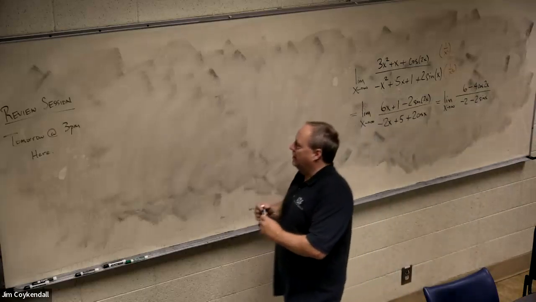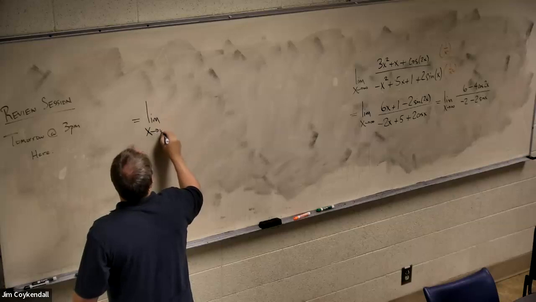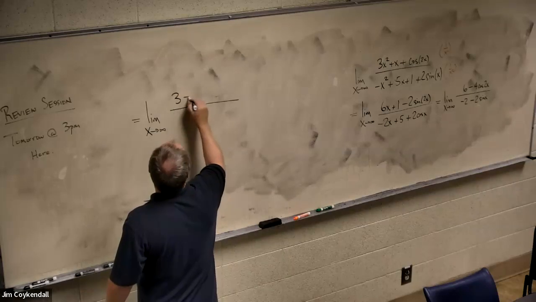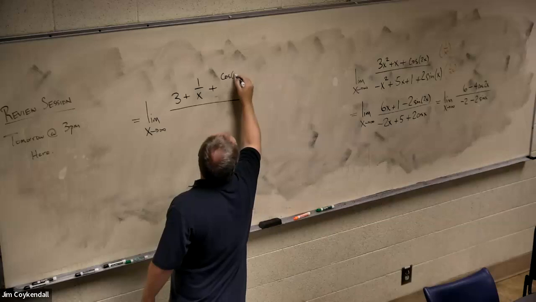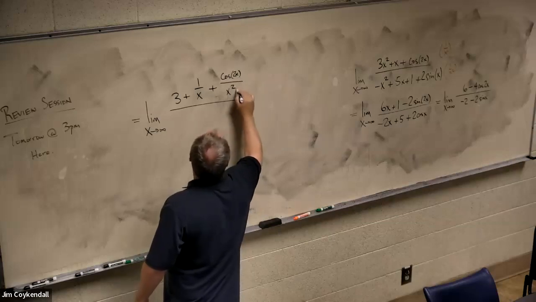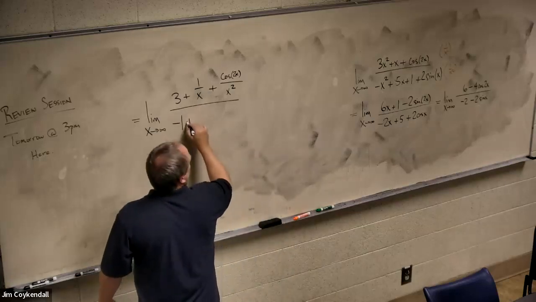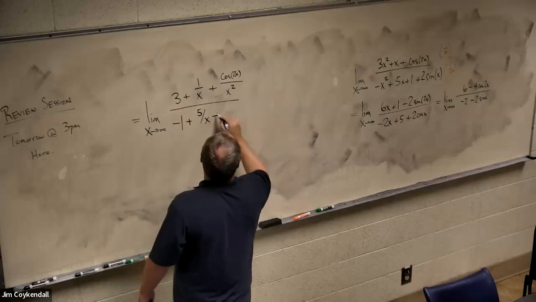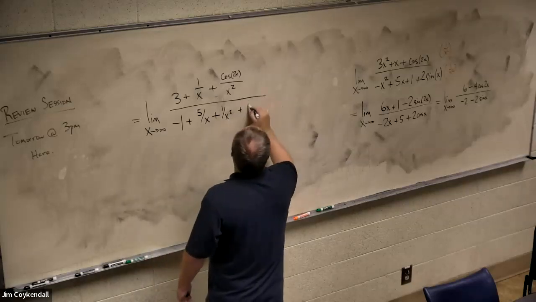By 1/x². And this is the limit as x goes to infinity. So what do we get? 3 plus 1/x plus cosine of 2x over x². And I get -1 plus 5/x plus 1/x² plus 2 sine x over x².